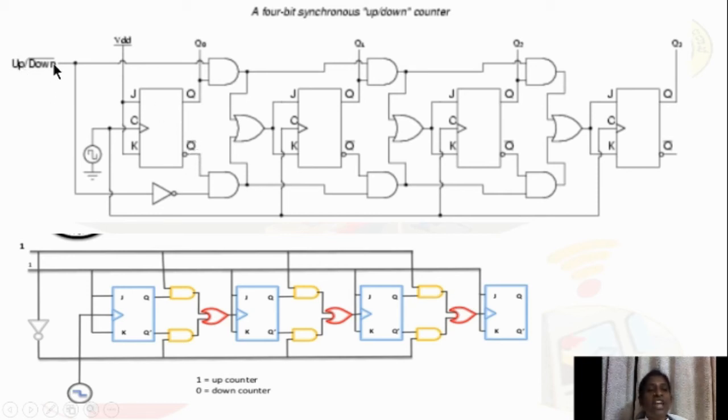Similarly, if the up/down bar signal is equal to 0, then up is equal to 0, down bar is equal to 1. Then the signal will come here, and the lower AND gates will be enabled.